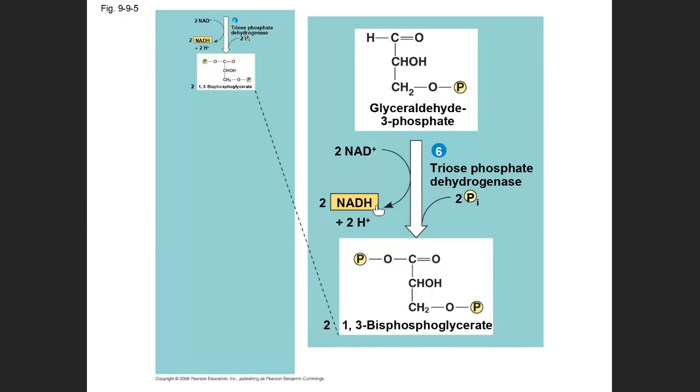And here is where the electrons get captured by the NAD+ into NADH. Since there's 2 glyceraldehyde 3-phosphates, this will happen twice, to make our 2 NADHs. Because we're splitting our glucose, a 6-carbon molecule, into 2 3-carbon molecules, and this is the intermediate, 1, 2, 3 carbons here, and there's 2 of them. So this happens twice, and we'll make 2 NADHs.